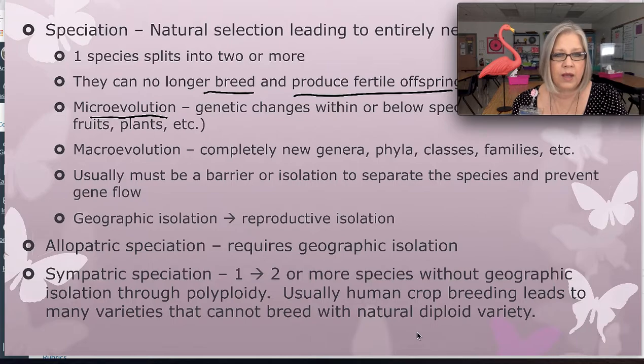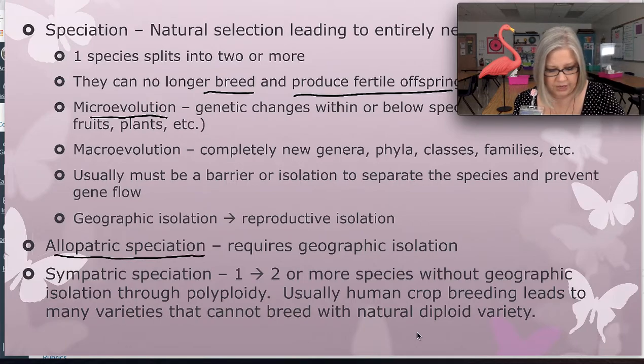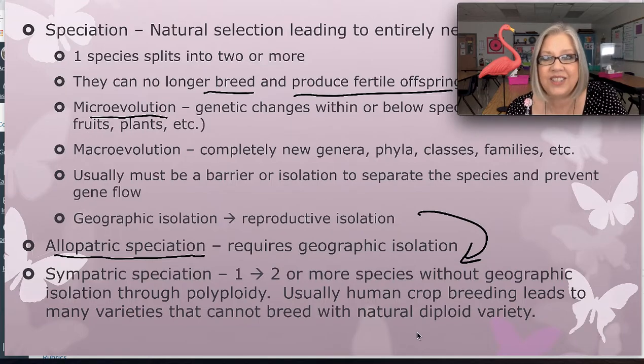Okay, so what usually happens with speciation is you have to have some sort of separation, something that keeps them apart from each other. And what that does is it cuts the gene flow. There's a couple of ways in which this happens. The first one is called allopatric speciation, and this is geographic isolation.